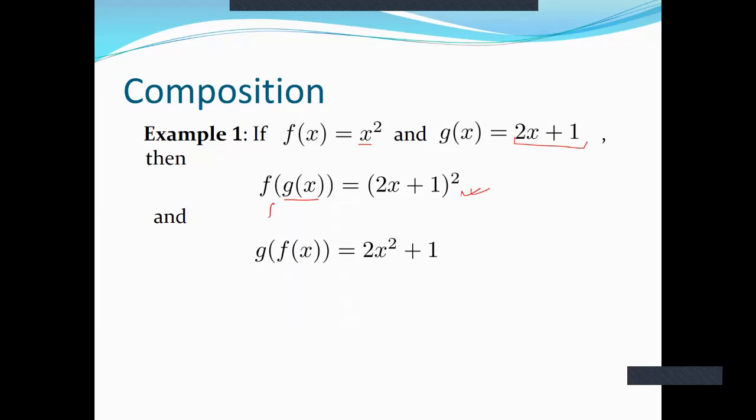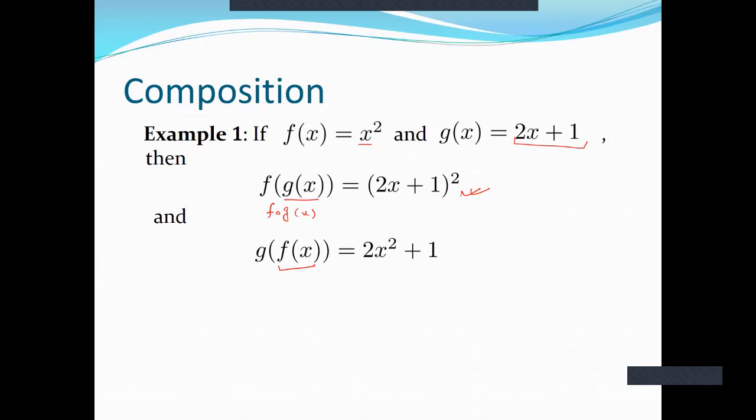Or in short, we can write f of g of x, right? Okay, now g of f of x. So we know that f of x is x square, and we need to substitute x square in g of x, right? So g of x is 2x plus 1. So instead of x, we are going to substitute the value of f of x, that is x square.